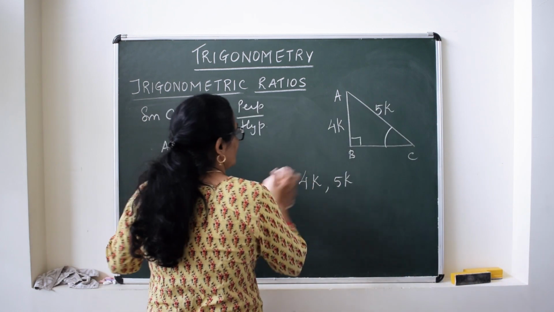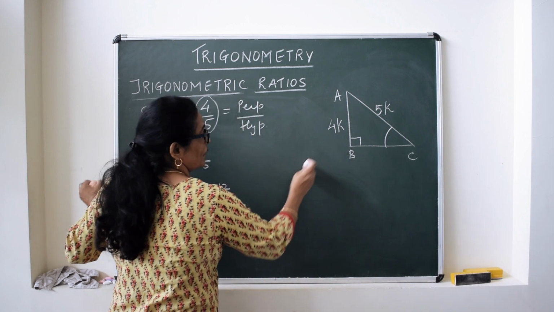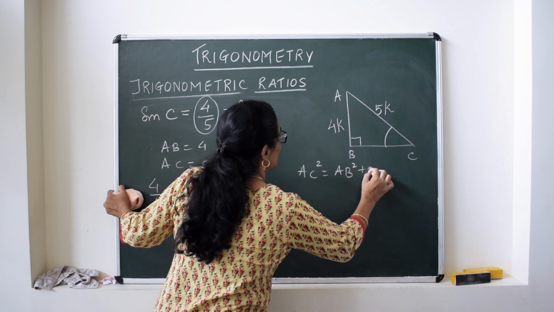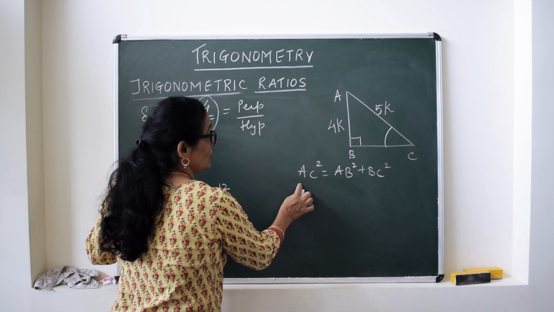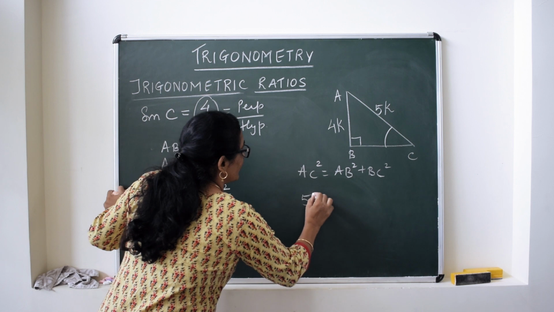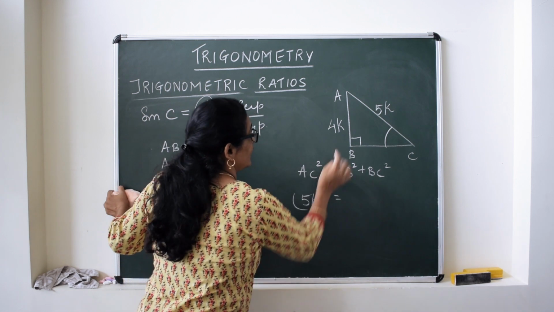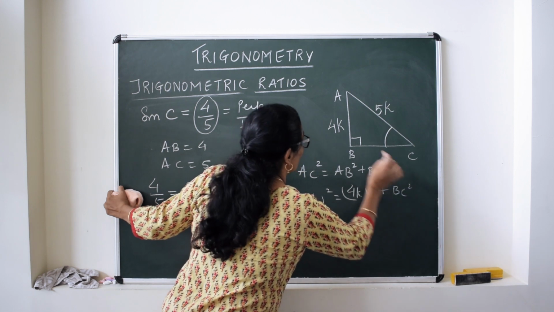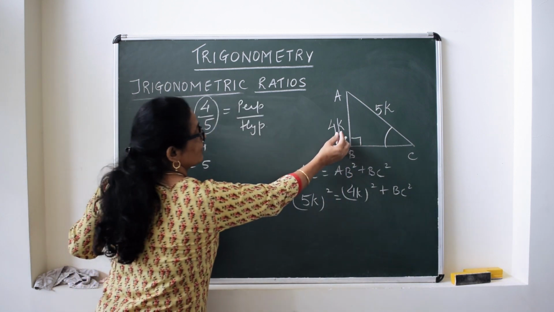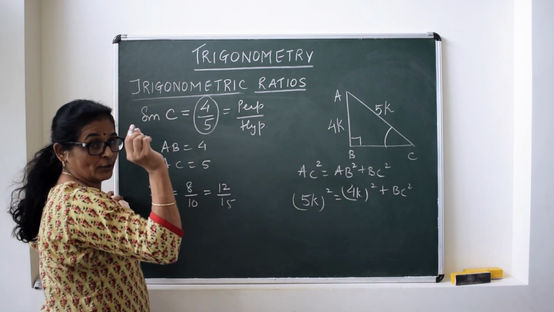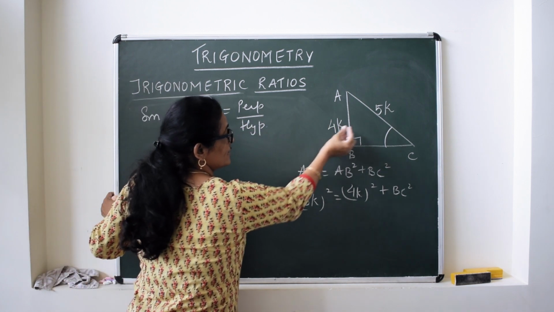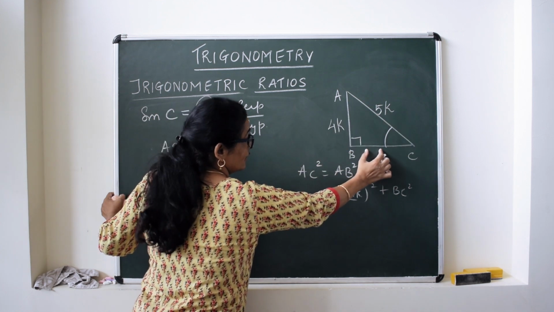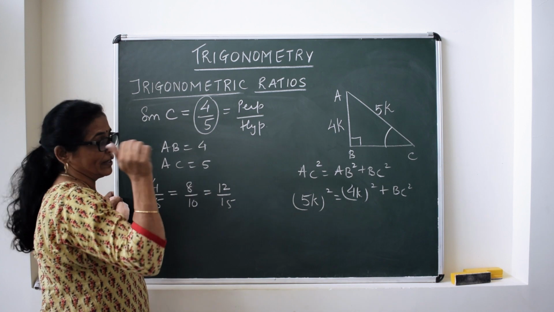So always remember, whatever ratio is given, we will take one variable k, which will be multiplied by this as well as whichever other side is given. That will give us the third side with the help of the Pythagoras theorem.